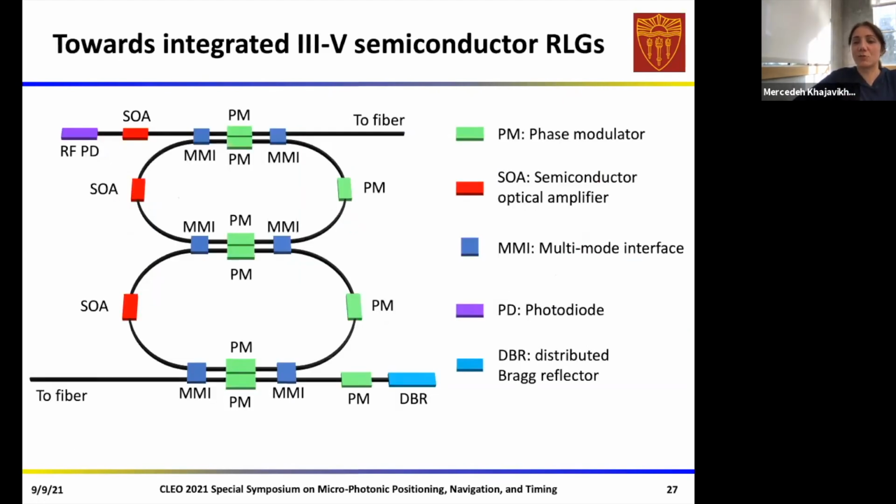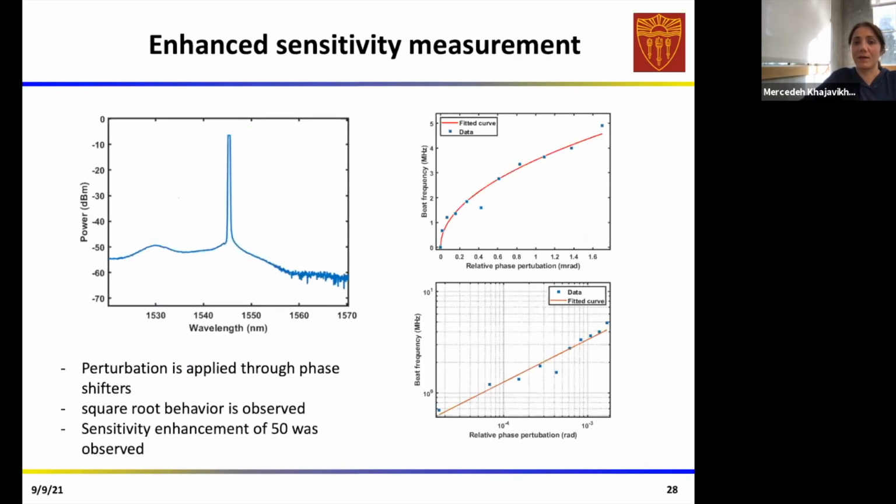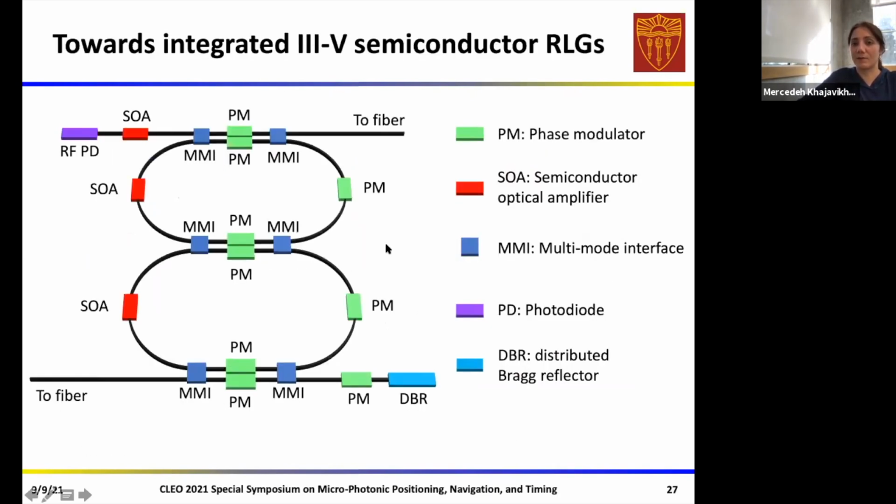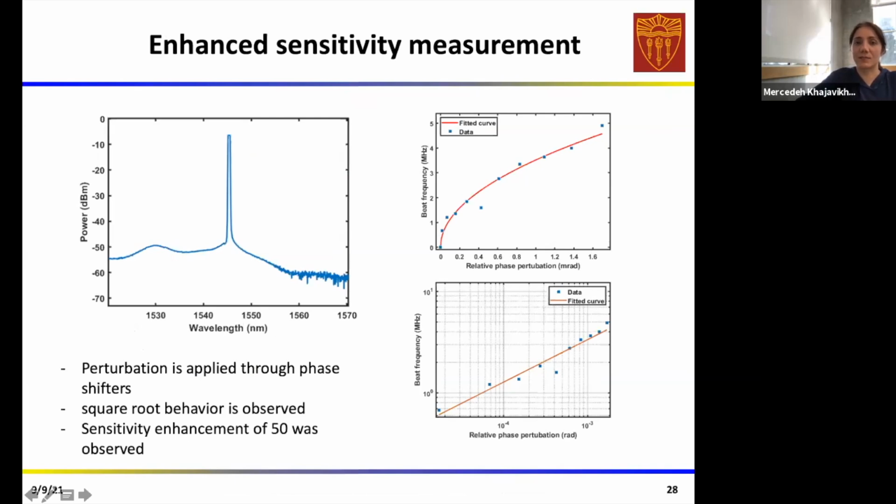Nowadays we are basically trying to build these ring laser gyroscopes on chip. With help from Infinera, we built these PT symmetric gyroscopes, and we are characterizing these systems. We have even observed almost 50 times enhancement in sensitivity already.